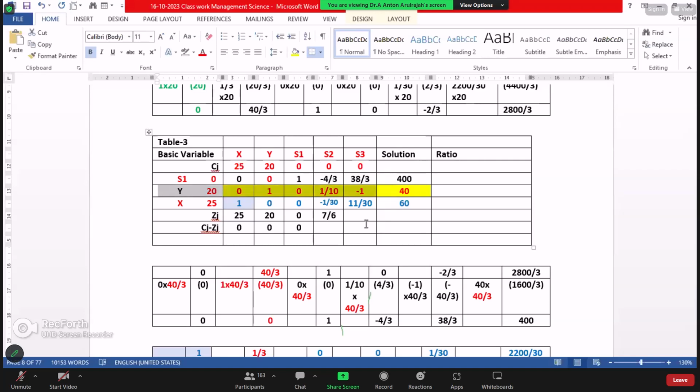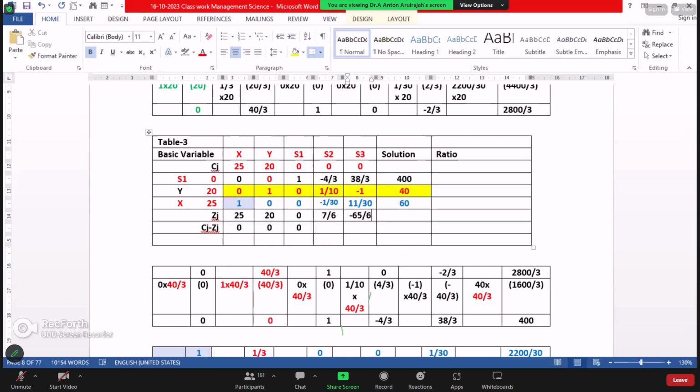So we got the value minus 60, 65 by 6. Carefully, right?